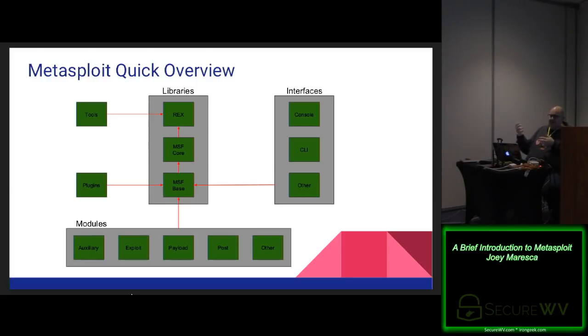If you use a command to load a module, it's usually going to go use auxiliary, and then break down by platforms, then by service types, and then what the actual tool is. Auxiliary has all your scanners and information gathering tools, a lot of the pre-exploitation stuff. Exploit is pretty much all the exploitation tools you use to actually gain access to a system.